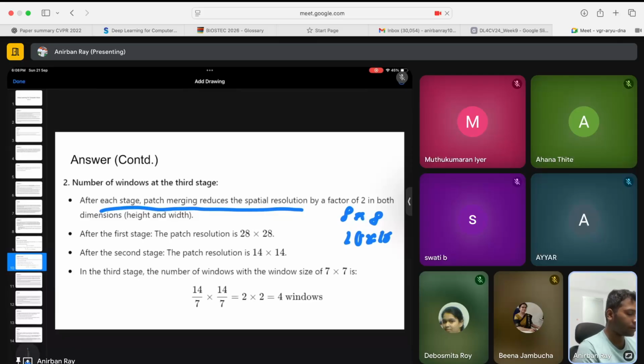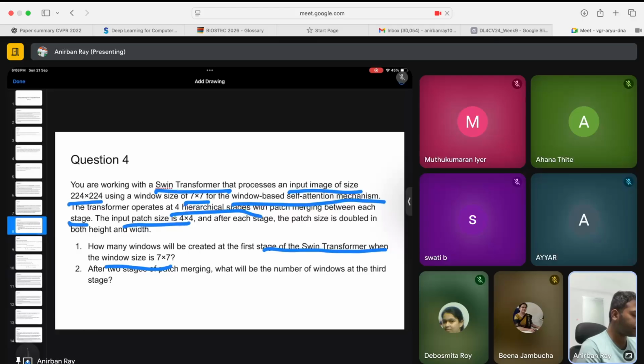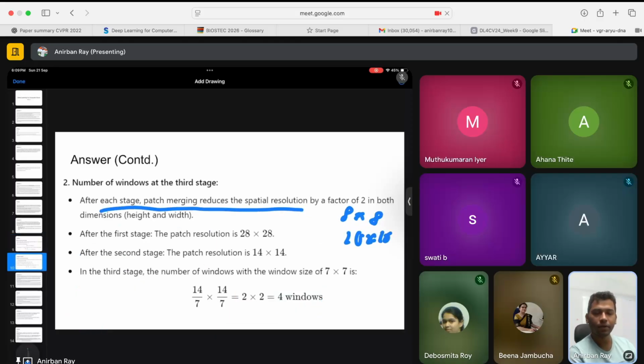Patch resolution is talking about. That is the same thing, patch size. Can anybody understand what is done here?